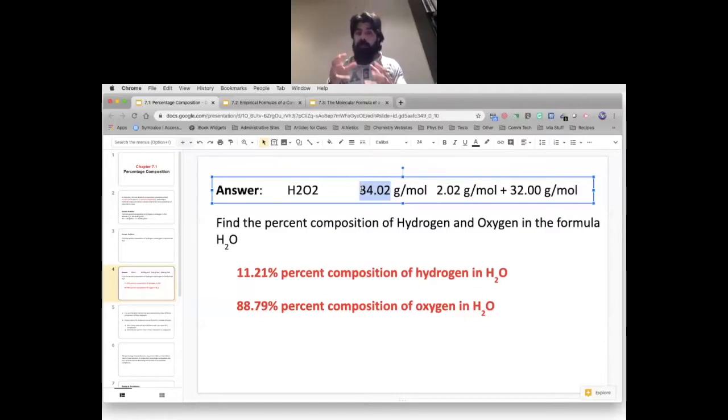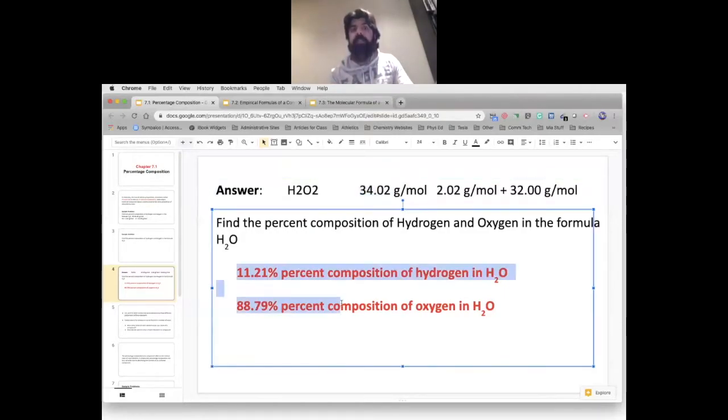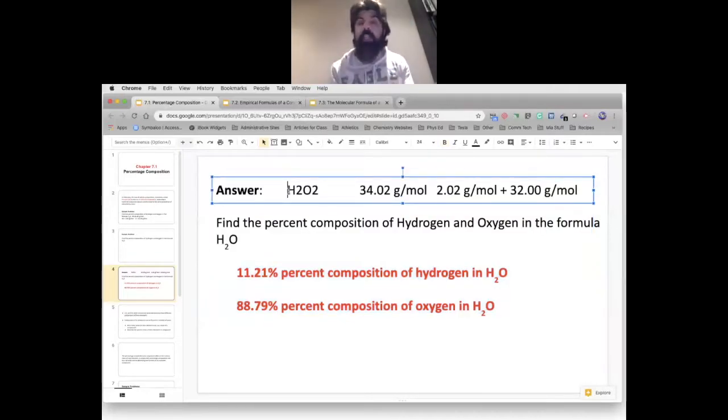So the definite proportion means that for every 2 hydrogens and 1 oxygen that we have, we will always have this as a percent composition. If we had 2 hydrogens for every 2 oxygens, as in this case, we will have a completely different percent composition.